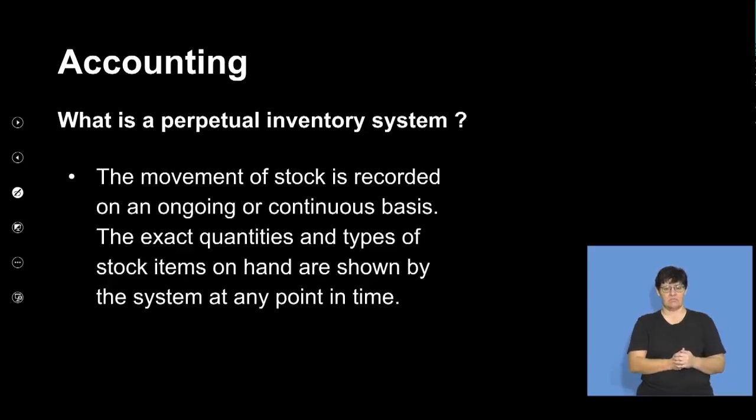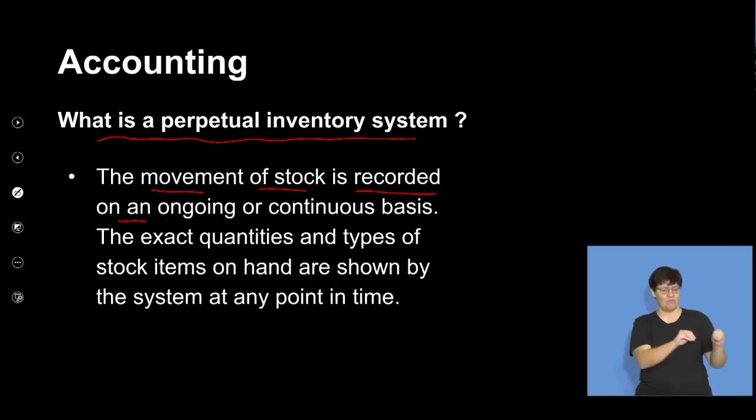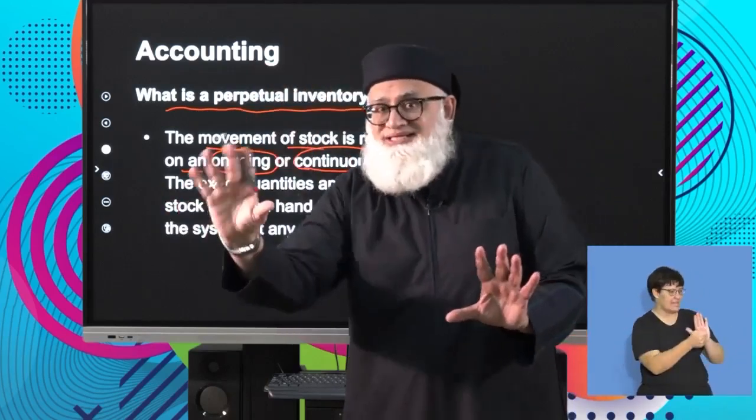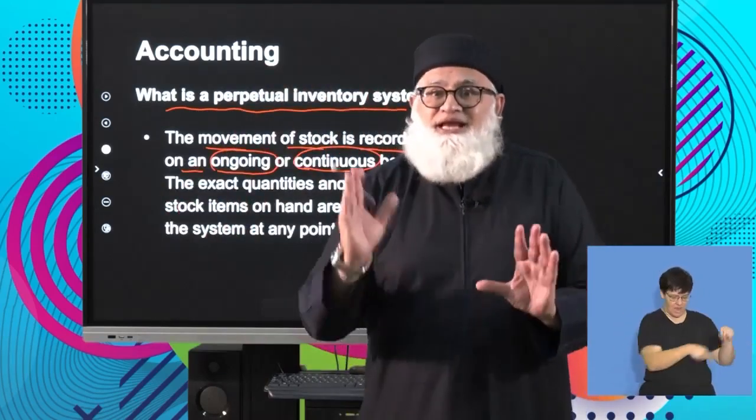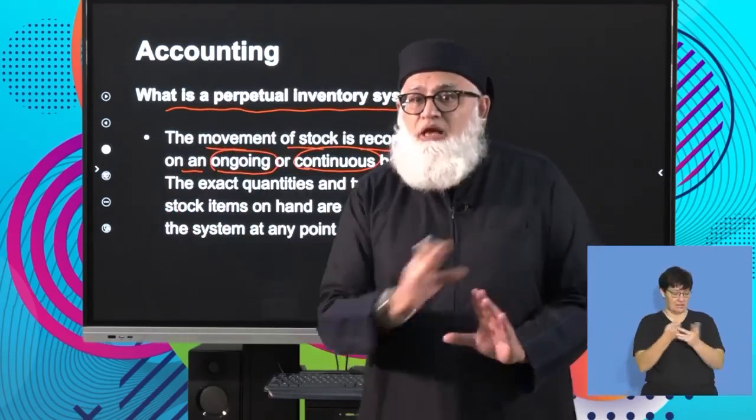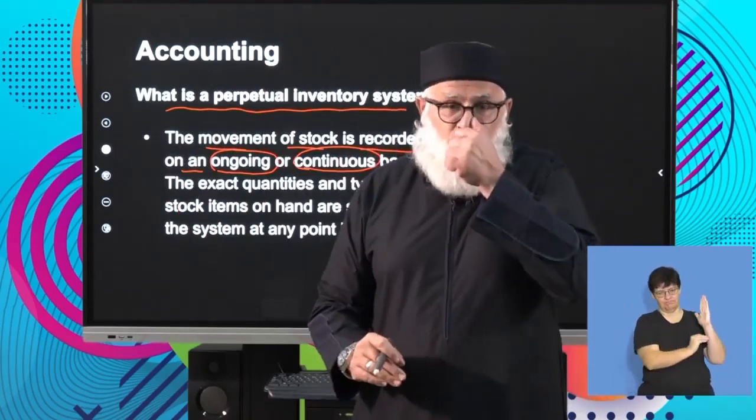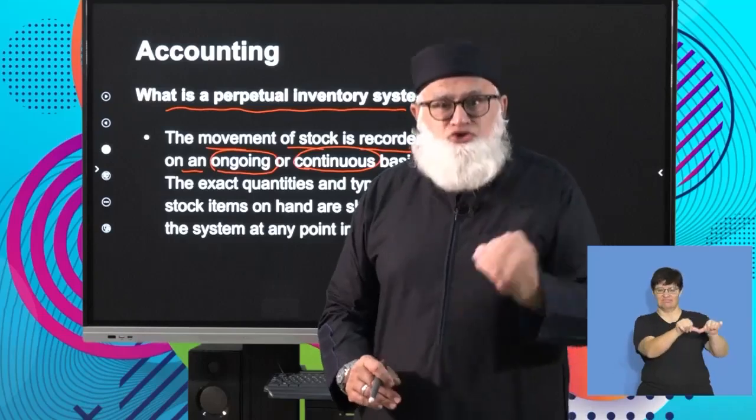What is the perpetual inventory system? The movement of stock is recorded on an ongoing or continuous basis. That means stock coming into our business, stock going out of our business, that movement is recorded continuously, perpetually. That's why we refer to it as the perpetual inventory system.